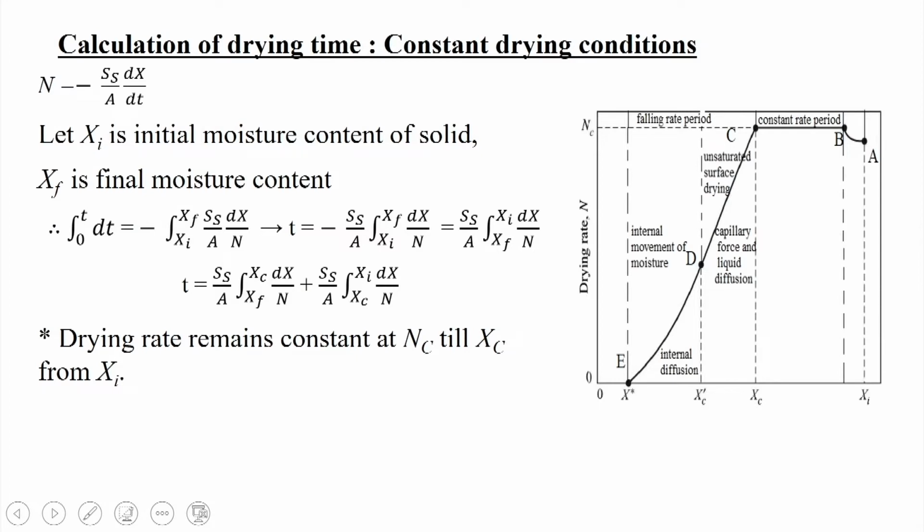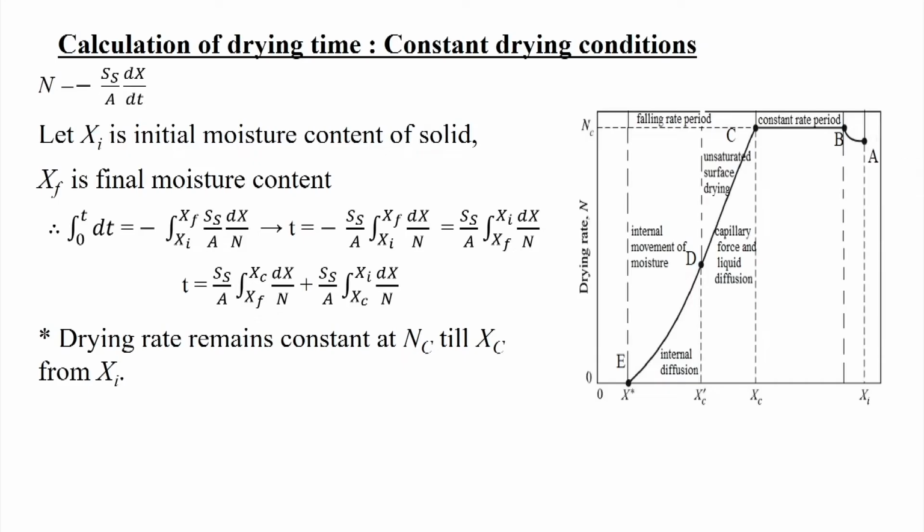Now the calculation of drying time under constant drying conditions. We have already discussed this, but we are recapitulating. The flux N is equal to minus Ss by A into dX by dt, where X_i is the initial moisture content and X_f is the final moisture content.